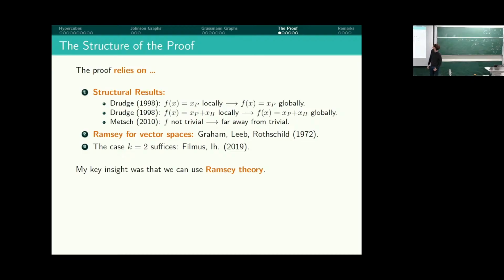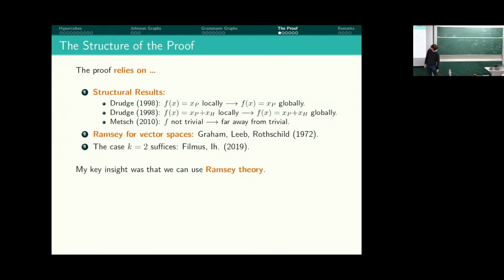And then it's also helpful to know that if you're not one of these examples, then in some sense you are far away from these examples. These examples are all very small, and all these counterexamples which exist for n equals 4 are actually quite large. They are usually 1/3 of all vertices, if you think of it as a graph, or 1/2.